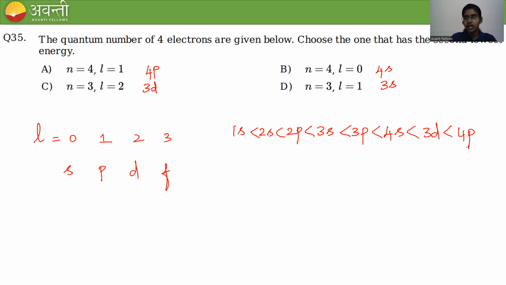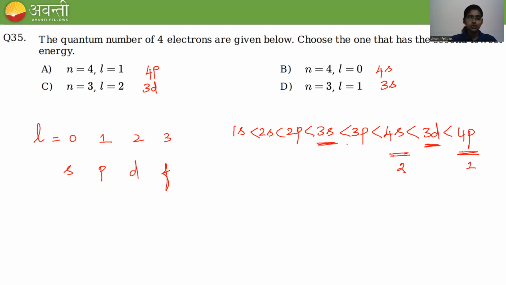In option A we have 4p, and in option B we have 4s. Then this is 3d, and here we have 3s.